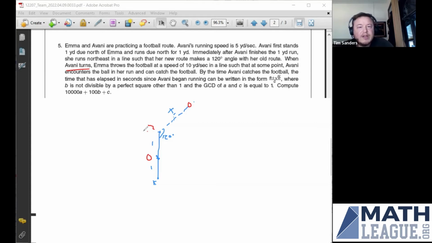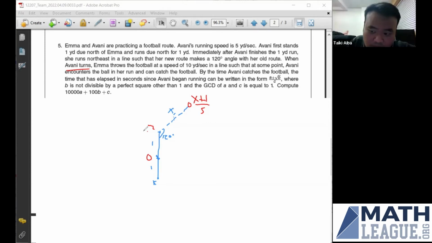So we're talking x plus 1 over 5 as a time. If x plus 1 over 5 is the time, why aren't you drawing that other line? I'm getting a law of cosines vibe about this. Yeah. If we draw this 1 second, yeah.